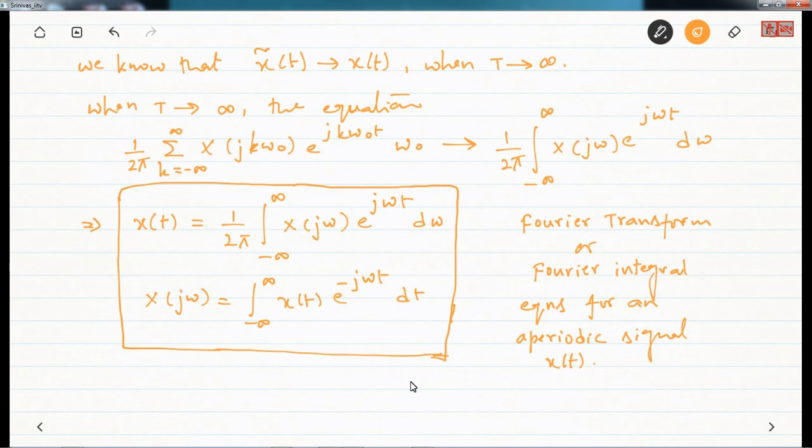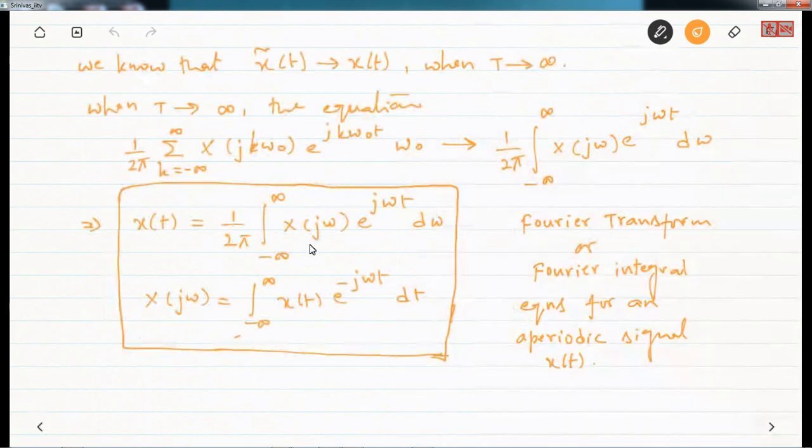That is the main trick Fourier has used. Right? So from now on, we'll just take these two equations and do a whole lot of things like properties, and we'll compute Fourier transform for different signals and so on.